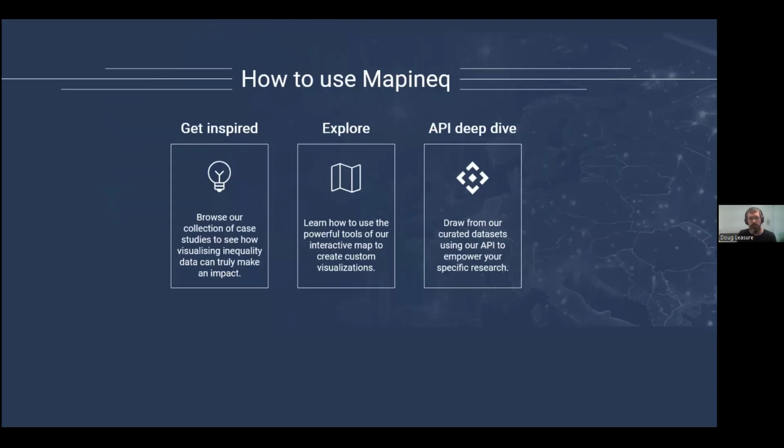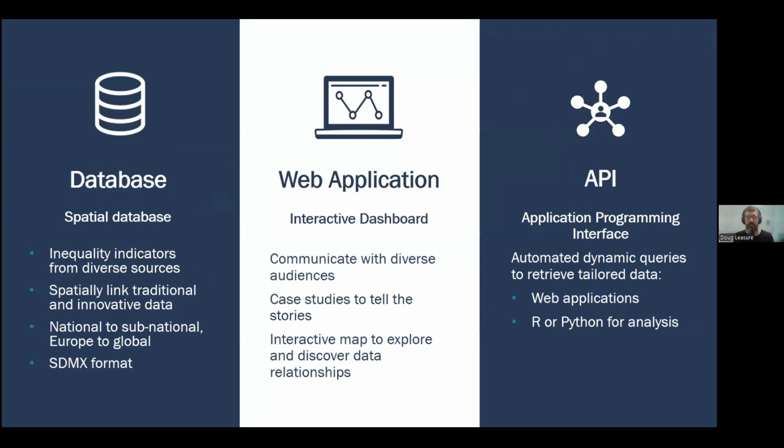Okay, so next I want to move on to this second box, which is exploring and finding your own interesting data relationships using the database and the dashboard together. So before I demonstrate that bit, I want to say a few words about the different components that are behind this dashboard.